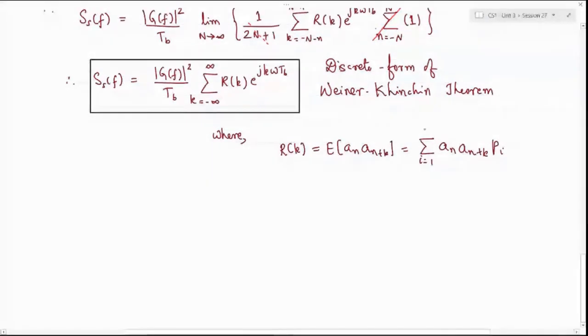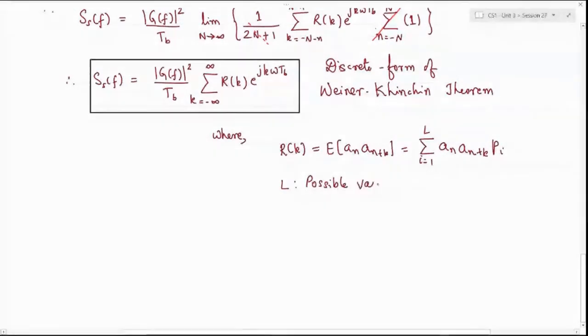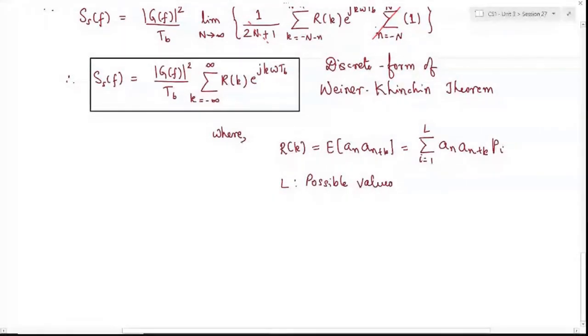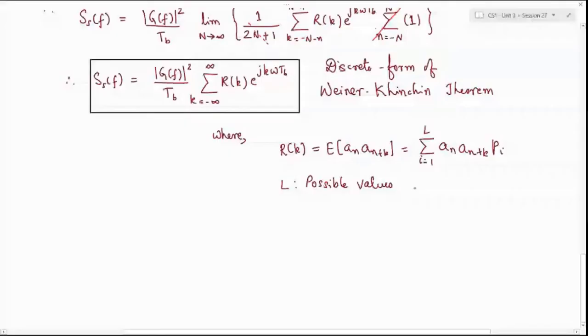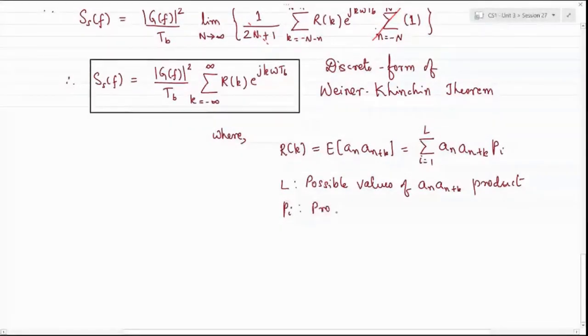Here l is in fact all possible values of the product an times an plus k, and pi is the probability of the ith combination.